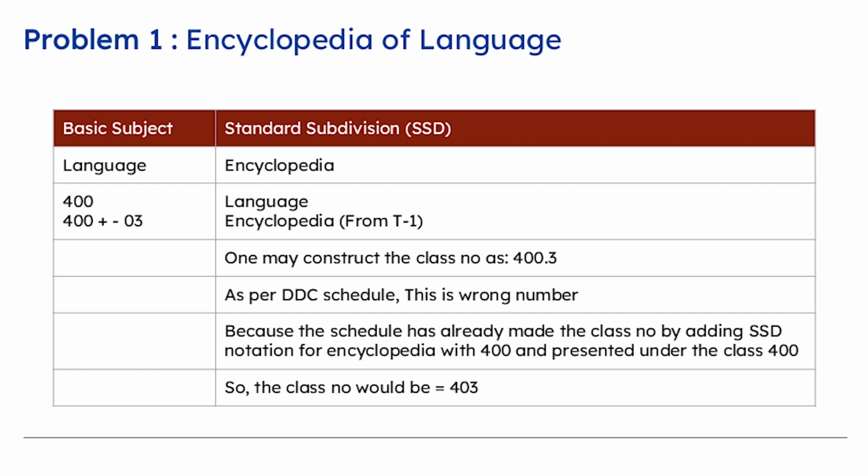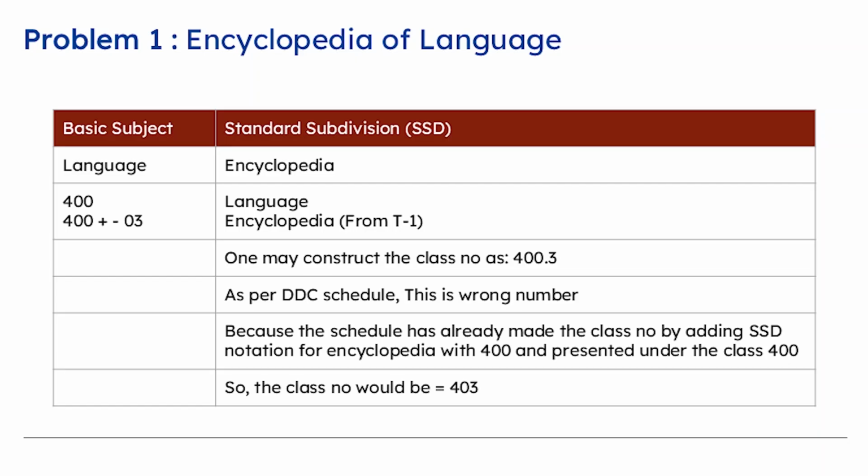Here we see the class number is 403. It is done to save the notation and give chances for other notation in this class.